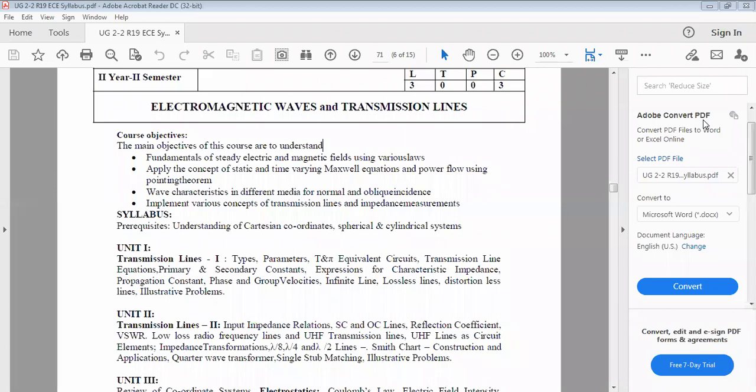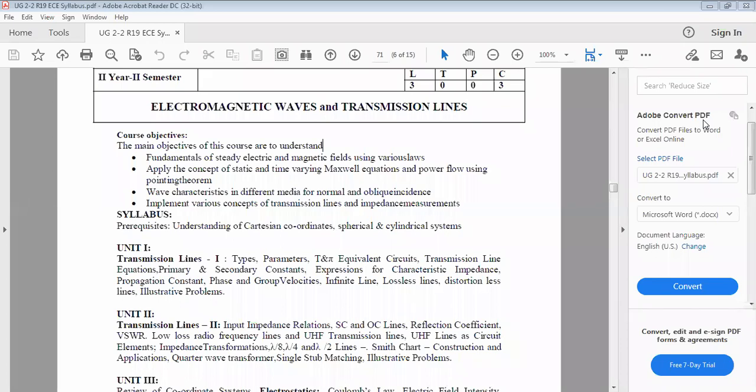Here the secondary constants are the propagation constant gamma and the characteristic impedance Z naught.